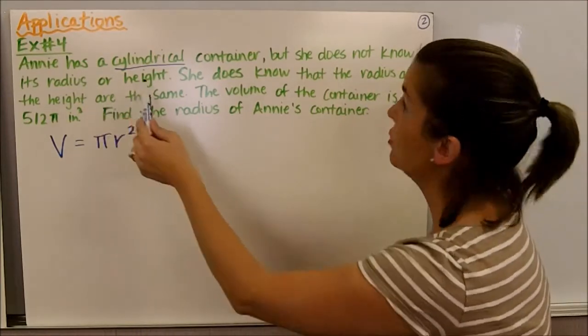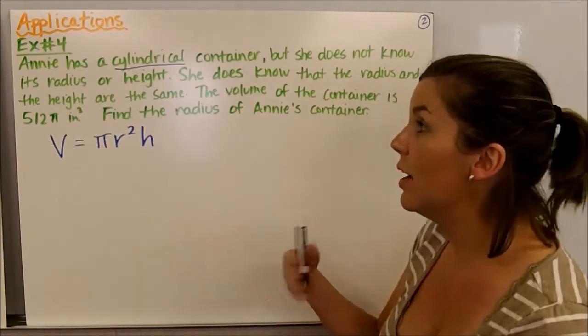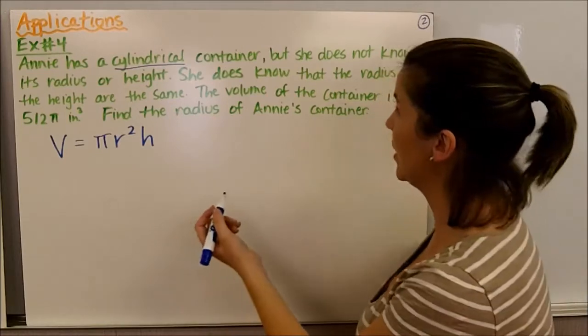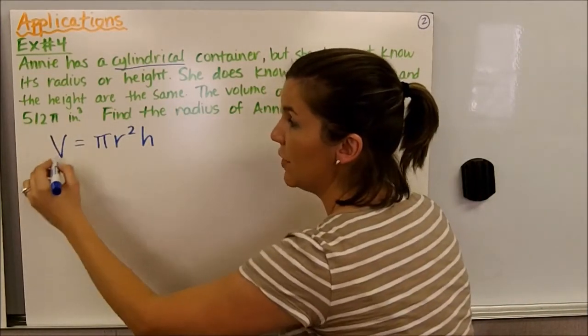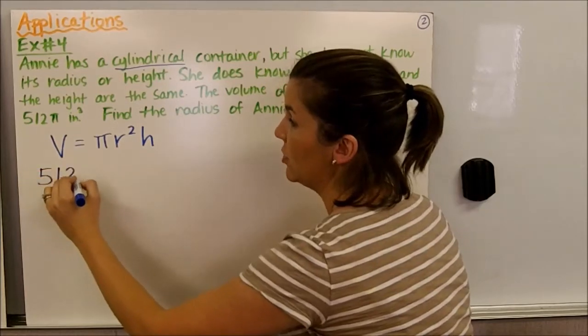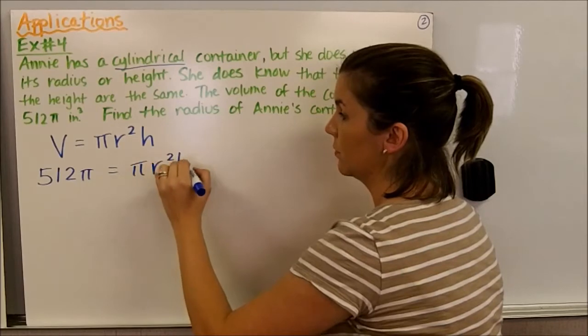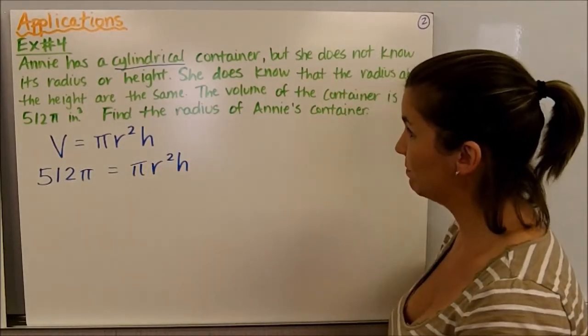I don't have a value for either one, but I do know that they are the same. The volume of the container is 512 pi. So instead of V, I can put 512 pi. So I just simply made a substitution for the volume.